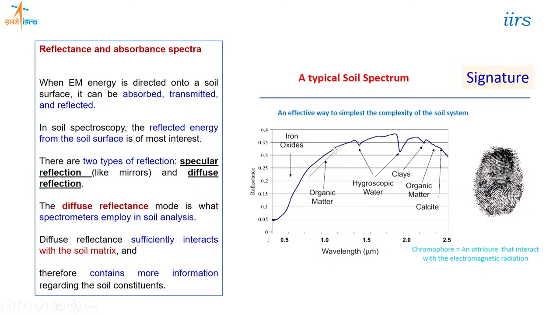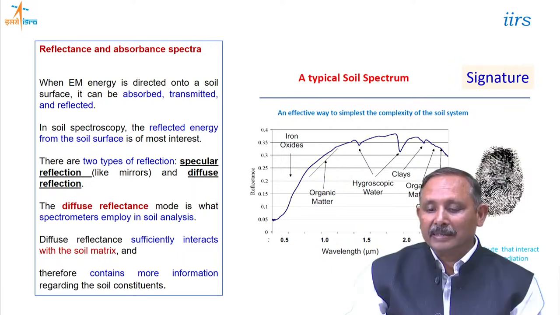and after that, up to 1 micrometer or 1.4 micrometer, you can utilize it for organic matter mapping. So different components present in the soil are responsible for the reflectance of the soils in distinct or definite wavelength regions.